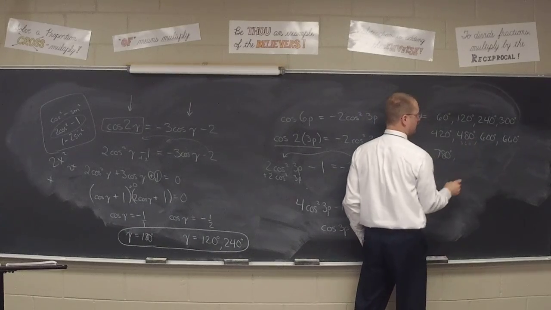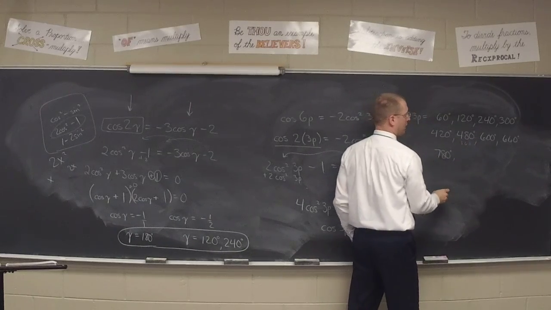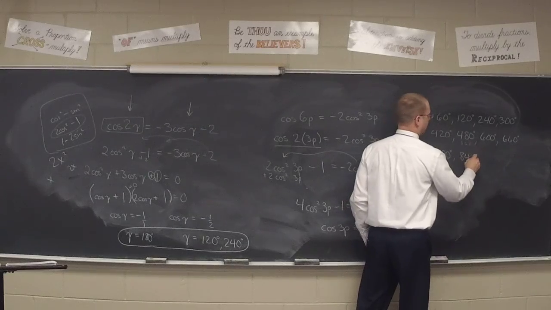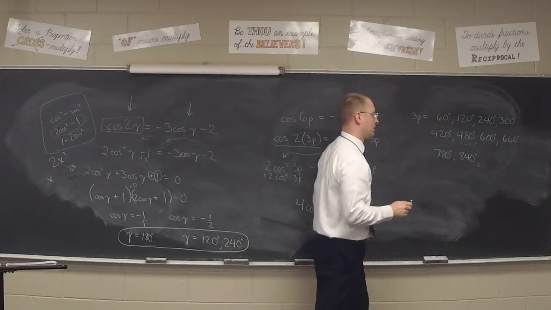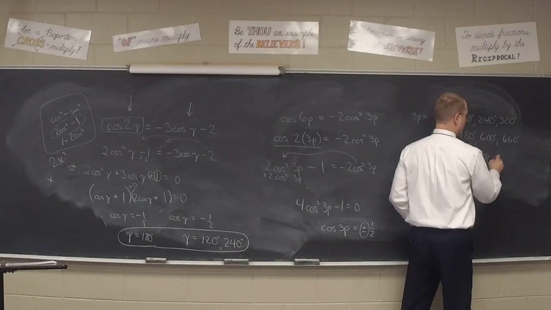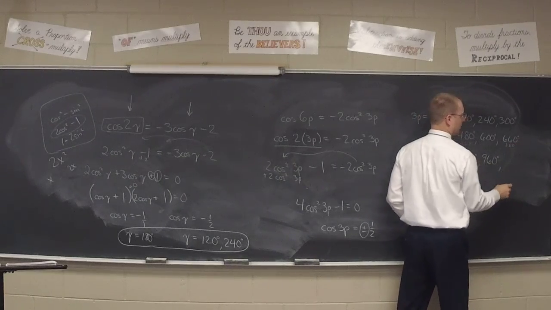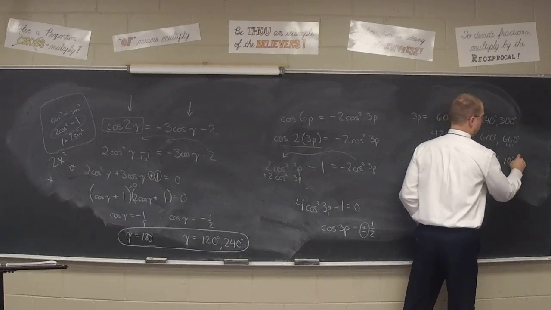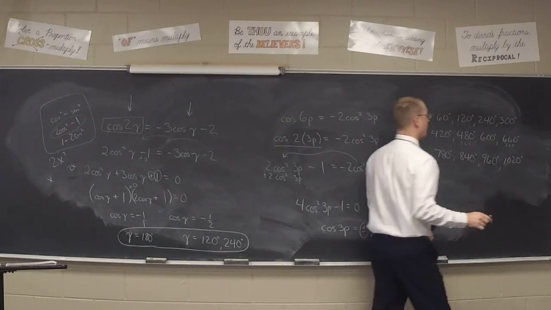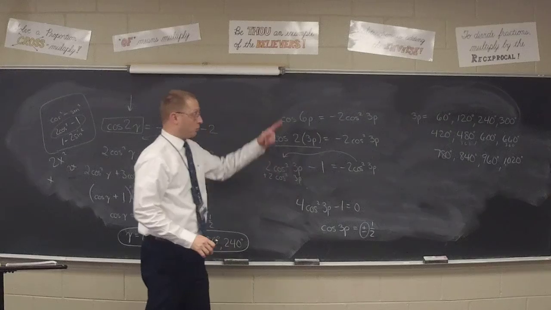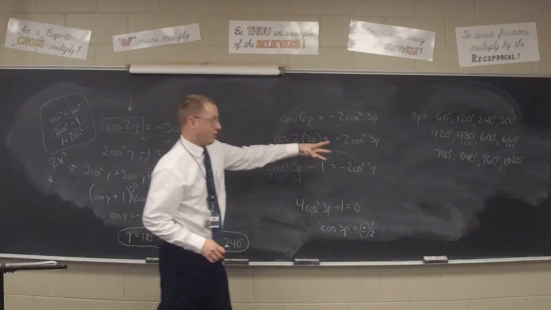Just adding 360 each time. So it's 1 trip, 2 trips, 3 trips around, but that's all 3 rho.